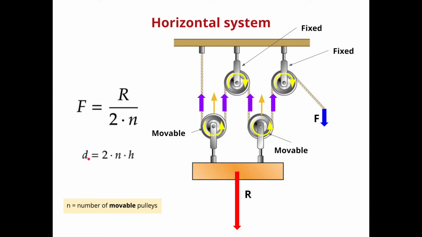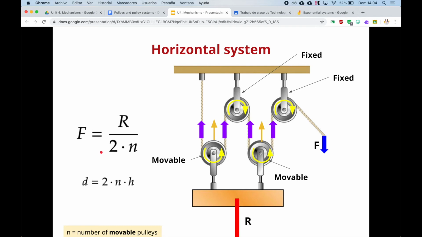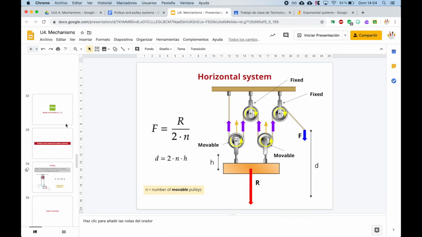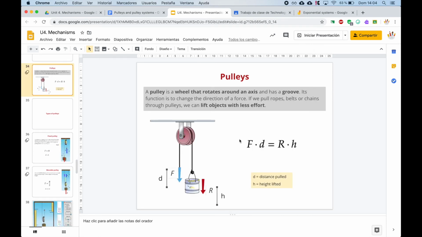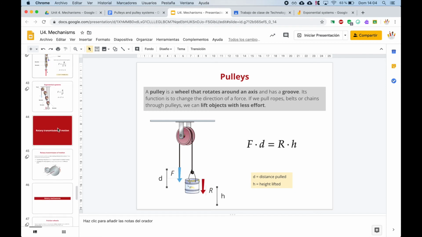What happens with the distance? If you remember the equation, I'm going to put it here again. This first equation, this one, we are always going to take the distance and calculate it from the force in all the cases we are going to see.